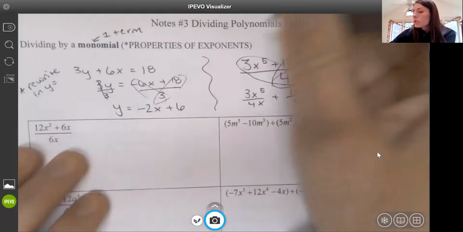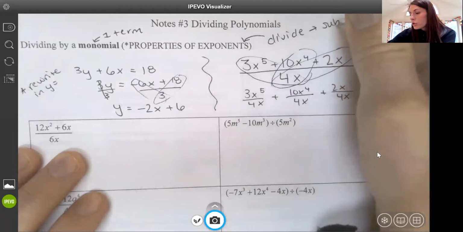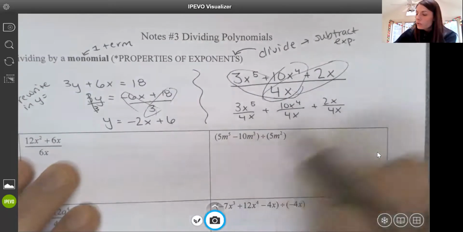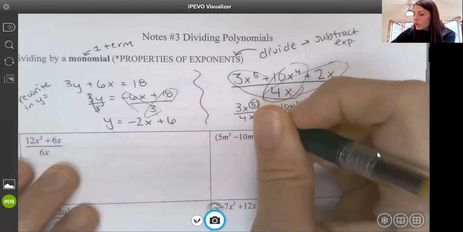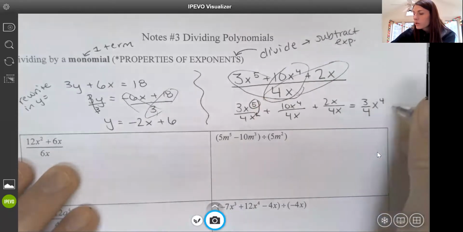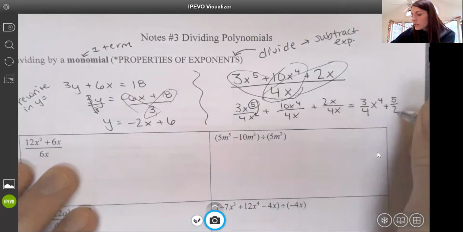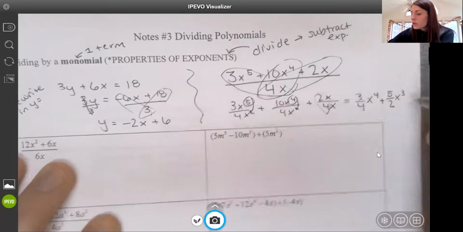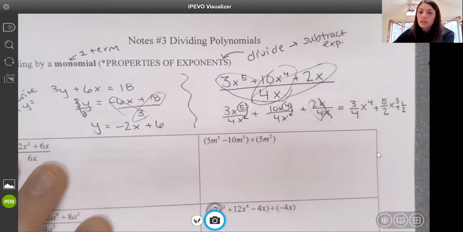And we know that our properties of exponents say that when we divide, we subtract exponents. And so for my first term here, I'm going to have 3/4, and then 5 subtract 1 is going to give me x to the 4th, plus 10/4 I can reduce to 5/2, and 4 subtract 1 gives me x cubed. 2/4 equals 1/2, and x over x is just going to cancel.